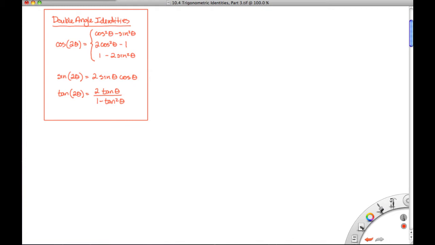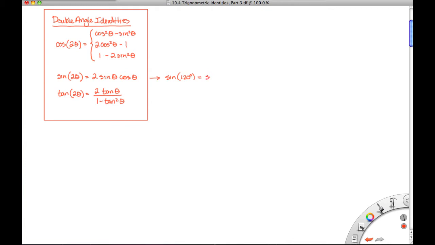A quick explanation of this, or to visualize how this might be working, is to consider the sine of 2 theta identity as an example. Let's say we had the sine of 120 degrees. Using this identity, we could say 120 degrees is 2 times 60 degrees.